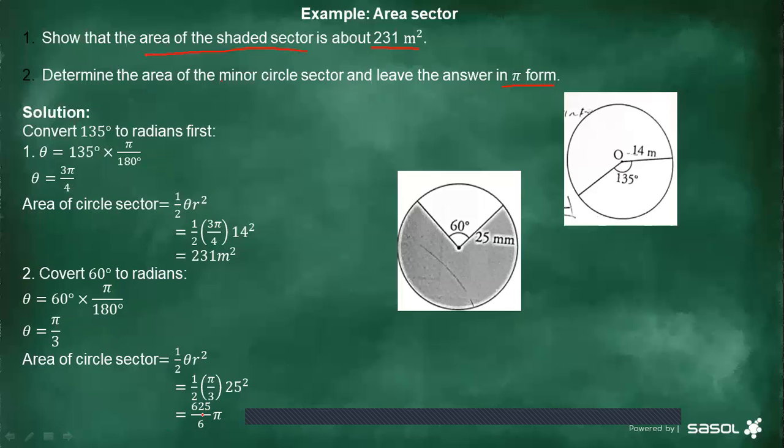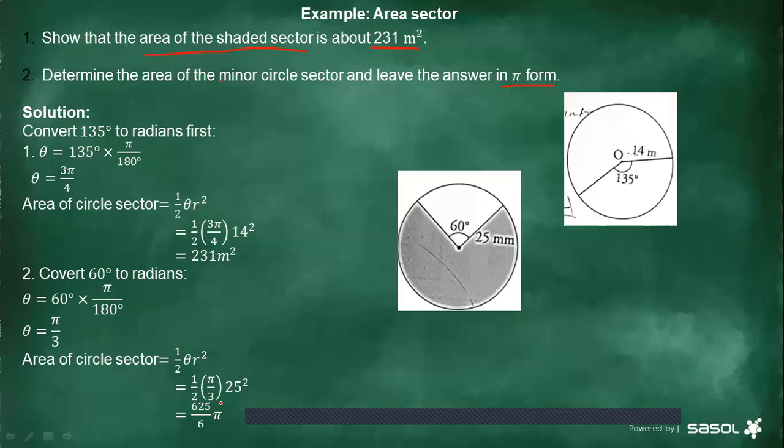625 over 6 pi. Now, for you to be able to get your answer in terms of pi, by the time you press your calculator, you don't include this pi. You don't include it at all, because once you include the pi, the answer is going to be in decimal. So it's not going to give you an answer in terms of what? In terms of pi.